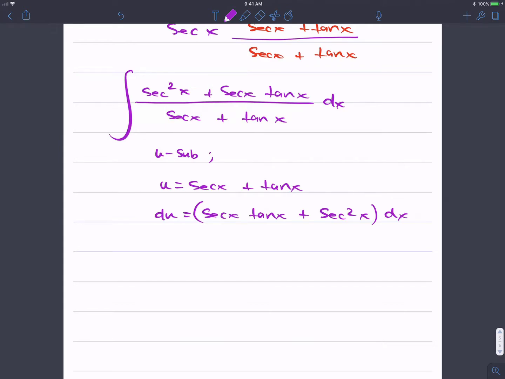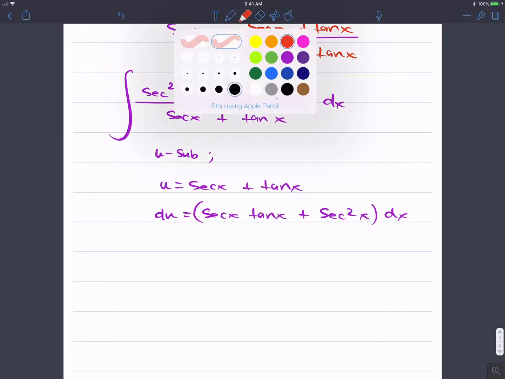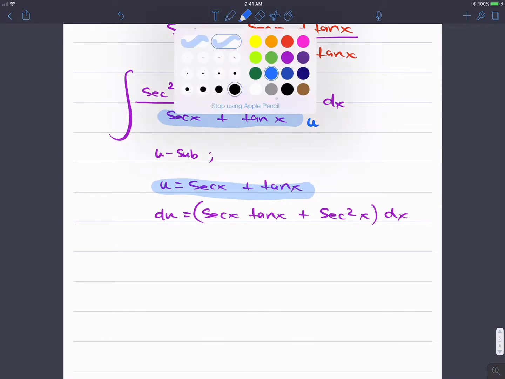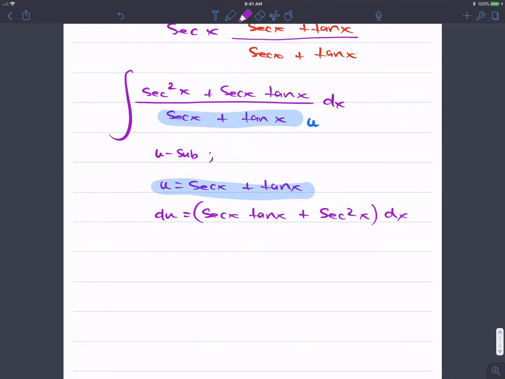So what you're going to notice here is this bottom portion, let's color it blue here. This is my u. So I replace this with u. And let's use purple to notice that secant squared plus secant tangent dx is what you see right here. That's going to be my du.